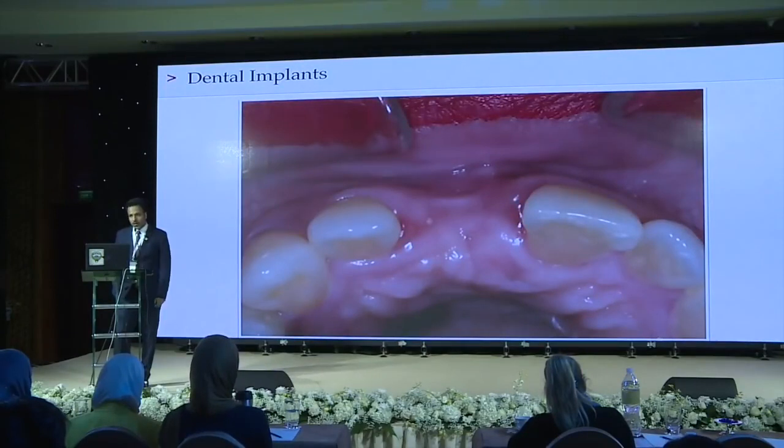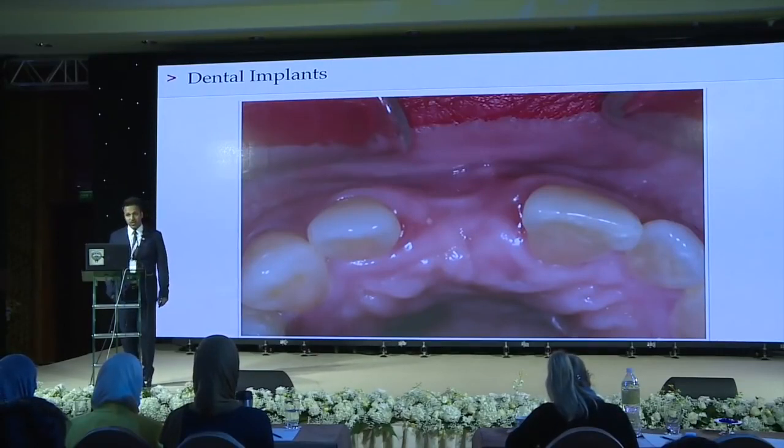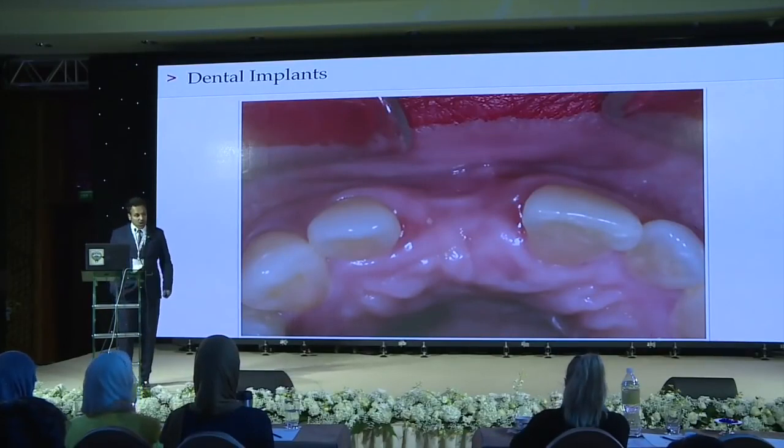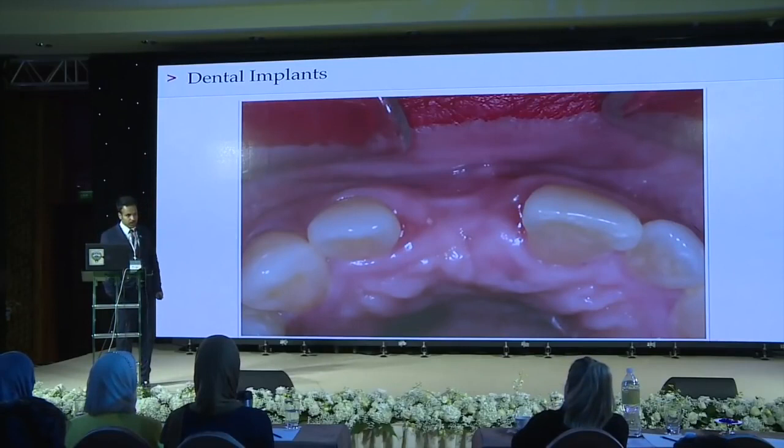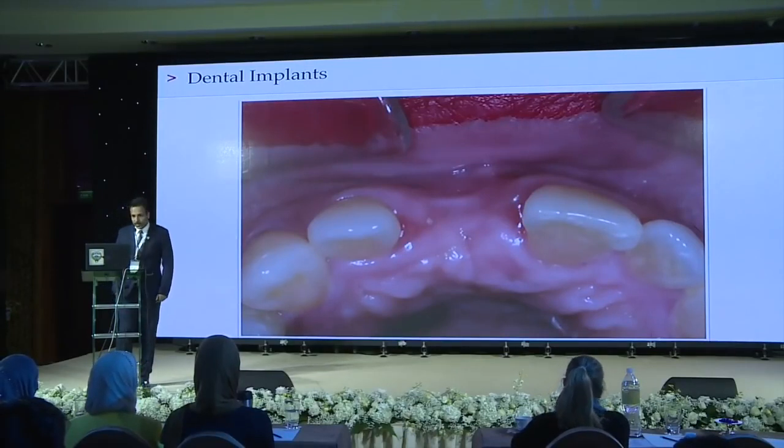We already know that after extractions, the bone shrinkage and soft tissue change is unpredictable, especially with the anterior teeth. And do you know how difficult it is to rebuild the contour of this tooth? It's extremely difficult. And it's unpredictable, time-consuming, and really expensive.